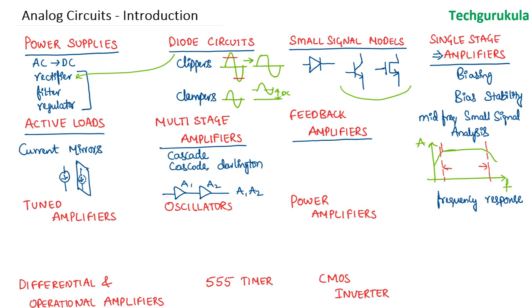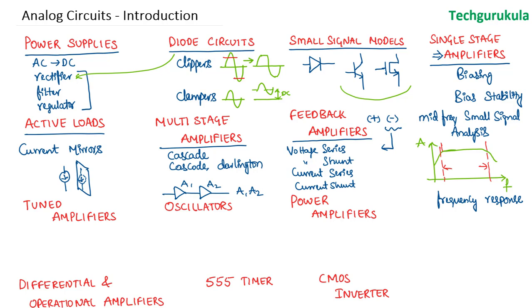Obviously, we have two types of feedback, one positive and another negative. Specifically, we'll be dealing with the negative feedback amplifiers, in which we have voltage series amplifier, voltage shunt amplifier, current series and current shunt amplifiers.